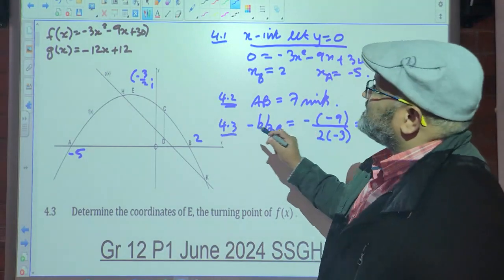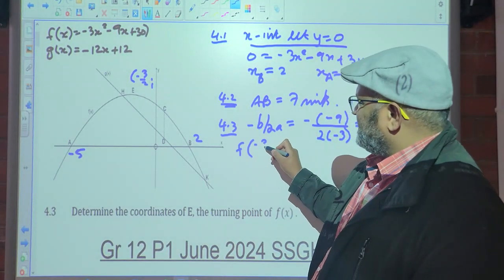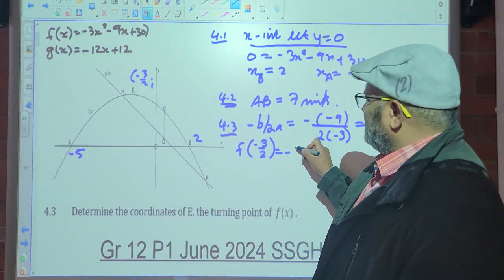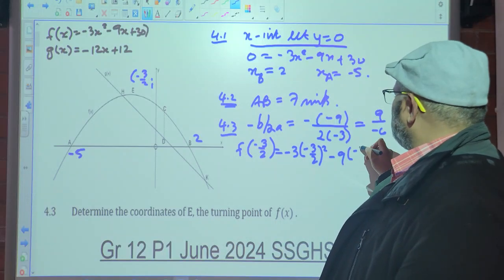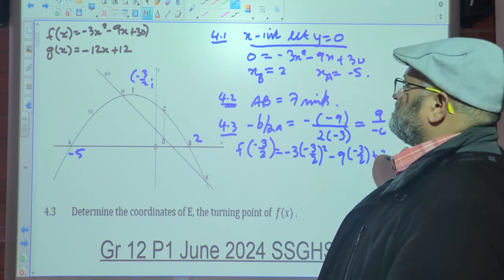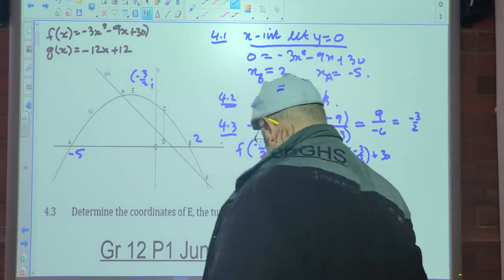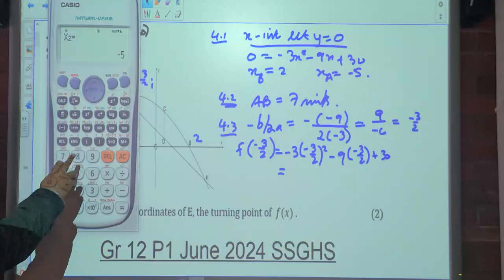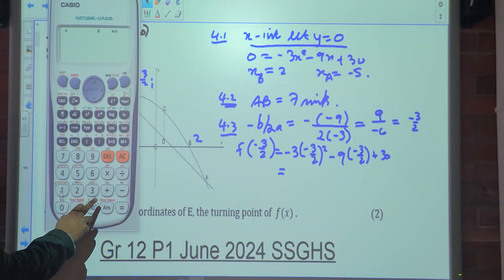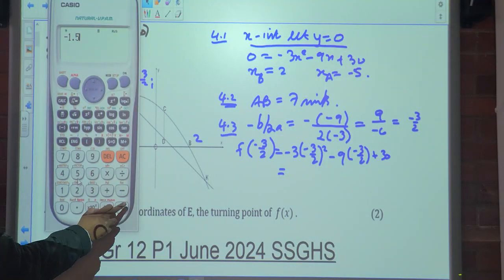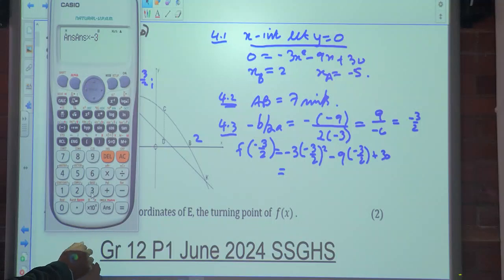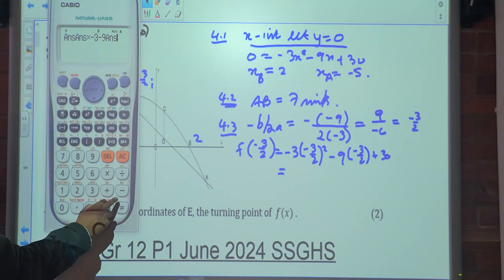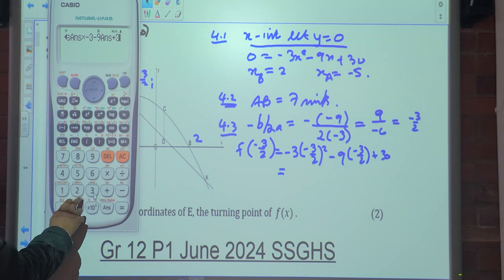Then what we do with that is we substitute it into f of x. So f of negative 3 over 2. So negative 3 into negative 3 over 2 squared, minus 9 into negative 3 over 2, plus 30. So you say negative 1.5, answer squared times negative 3, minus 9 times the answer, plus 30.